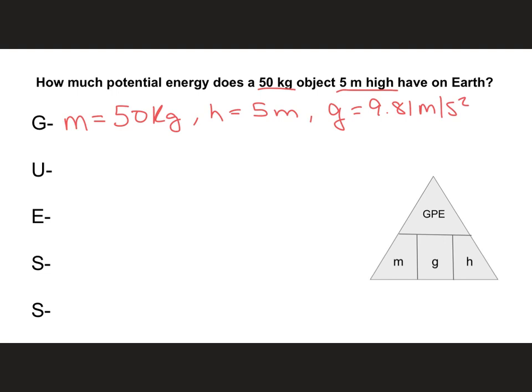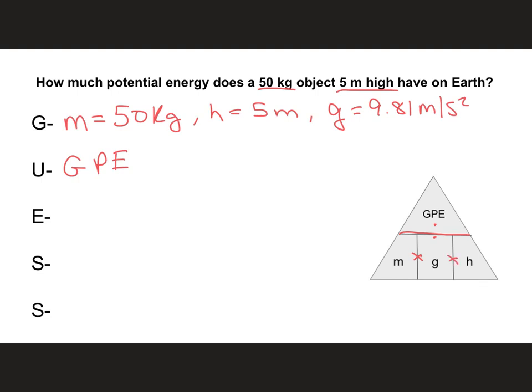U is for unknown. What are we trying to find? We're trying to find the GPE. For E, we are going to get our equation. To find our equation, we're going to look at our triangle. This is the same triangle we've used before. Remember that this bar is the dividing bar, and the ones next to each other are multiplication.